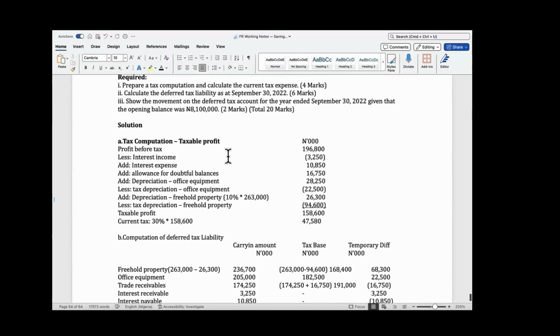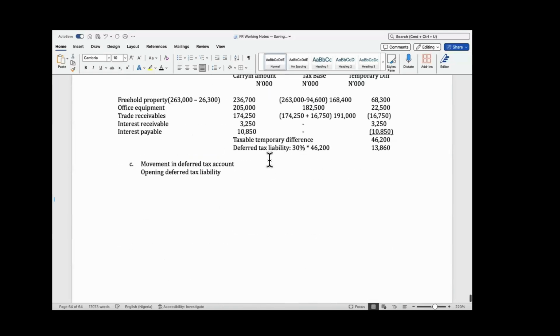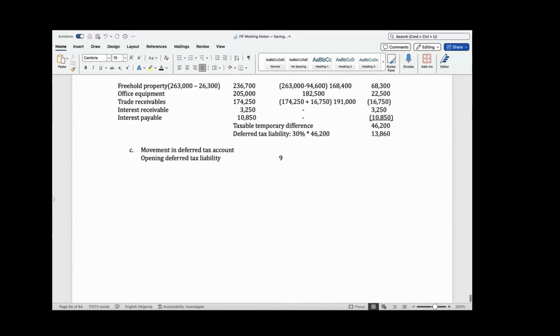I was given as 8.1 million. My closing deferred tax, which is 13,860.